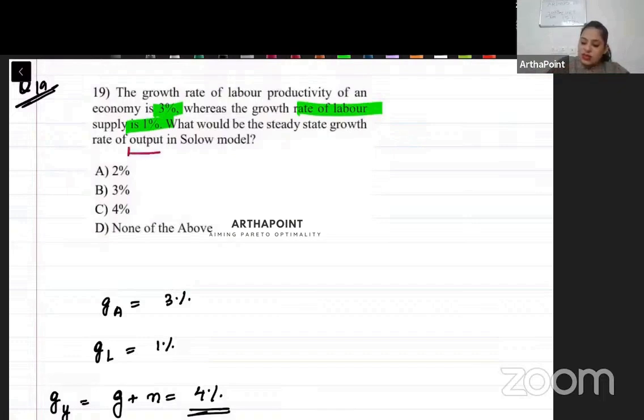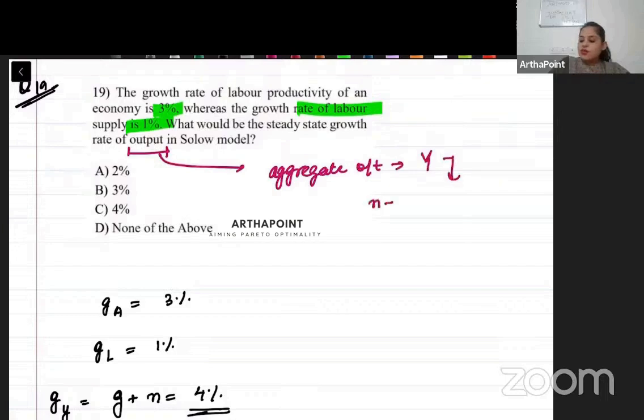As long as I'm taking this output as aggregate output, that means capital Y, we know it grows at the rate of N plus G, right? N is the growth rate of labor. G is the growth rate of labor productivity, technology. So it will be 1 plus 3, which is 4.